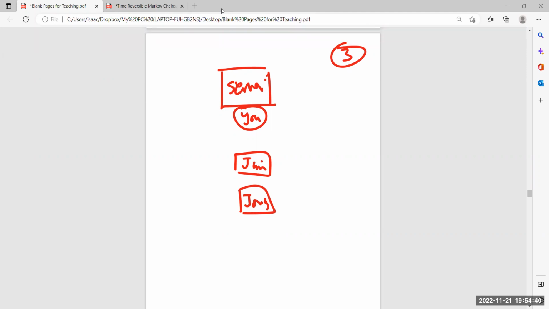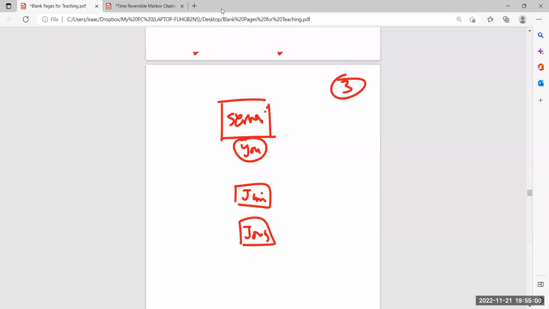So I'm repeating this. If you are asked to prove something like this, to derive the steady state probabilities, PN, you need to go through the process.